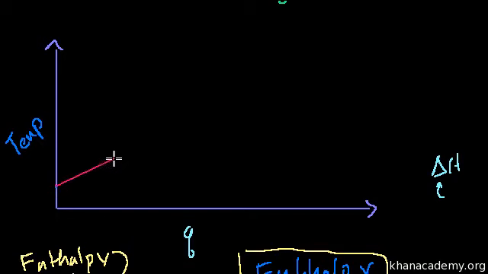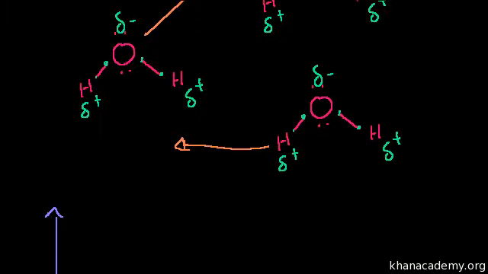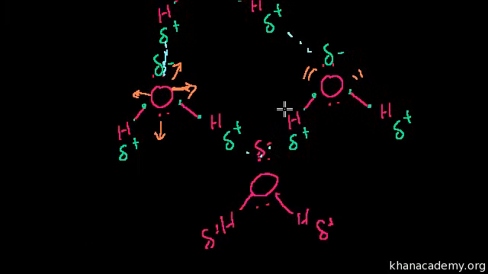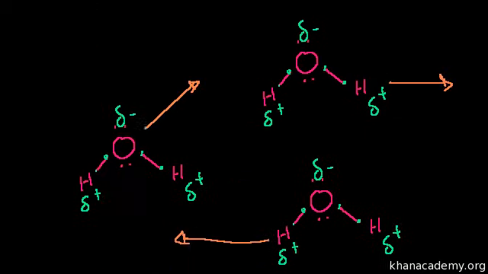So as I add heat, my temperature will go up. Heat is a form of energy, and when I add it to these molecules, as I did in this example, what did it do? It made them vibrate more, or it made them have higher average kinetic energy. And that's what temperature is a measure of, average kinetic energy.